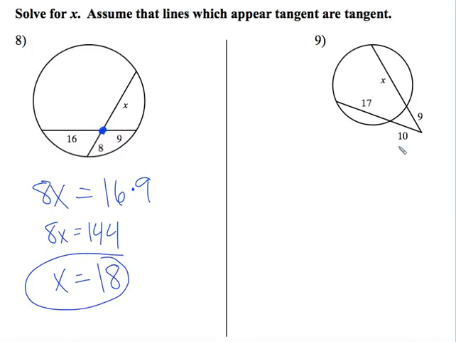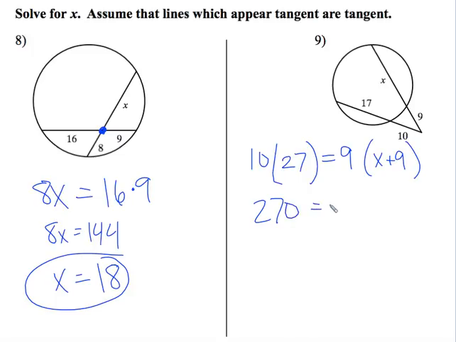This one's a little bit tricky. It's outside part times whole thing. So outside part is 10. Whole thing on this bottom one is 27. That's not really the tricky part. It's this next part where the outside part is 9 and the whole thing is x plus 9. So 27 times 10 is 270.